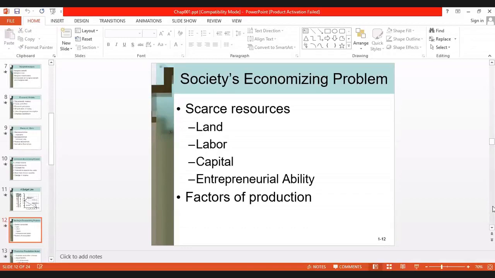We don't make anything. So those are all land. Land is that category in economics.